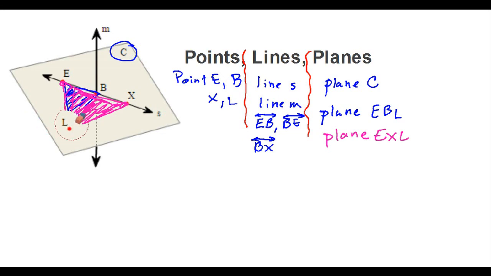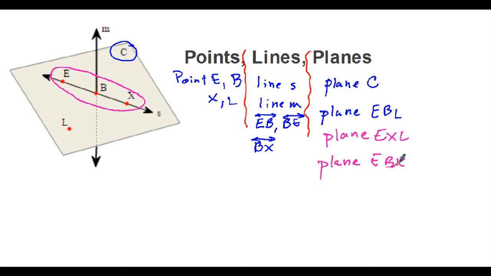Okay, here's your plane. Now, here's something you didn't know. How about plane EBX? If I write plane EBX, is that possible? Is that considered a plane? Remember, a plane is a flat surface, and it's got to actually make a surface.